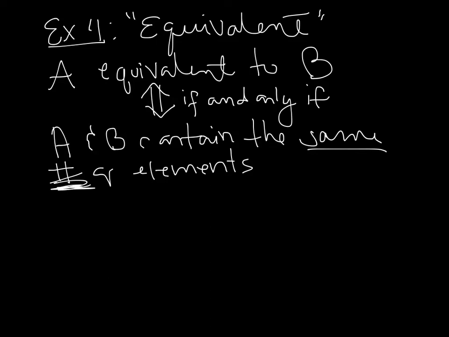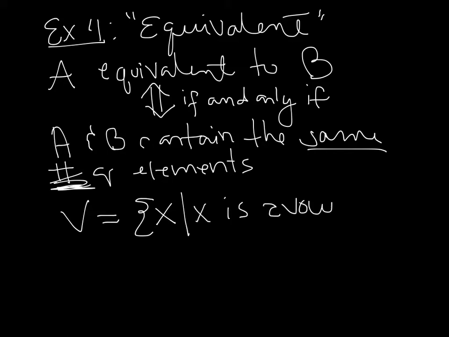So, for example, if I gave you the set, let's call it set V, capital V, and V is going to be, in set builder notation, the set of X such that X is a vowel.